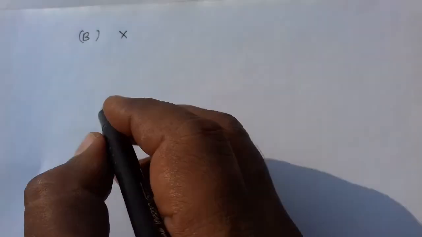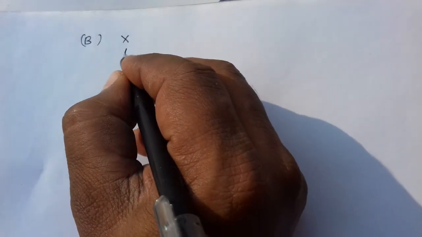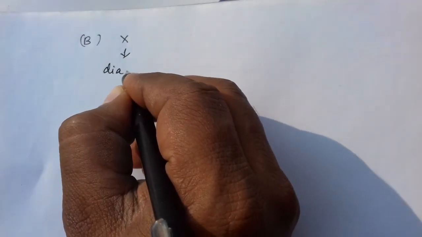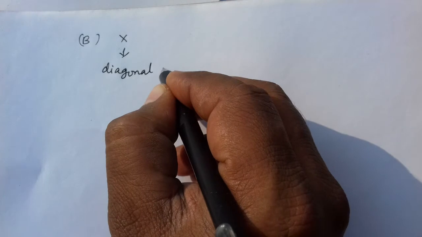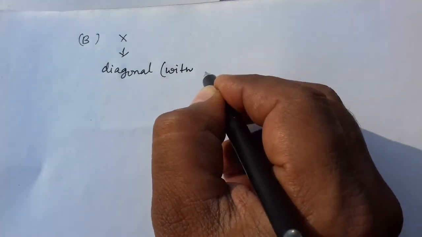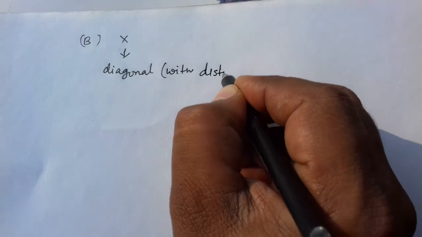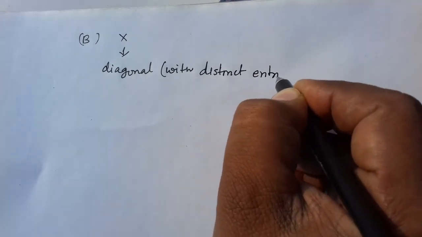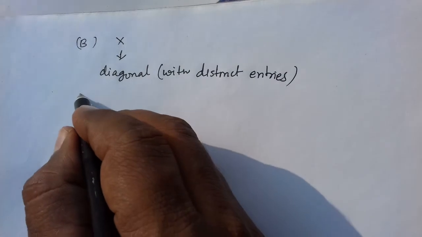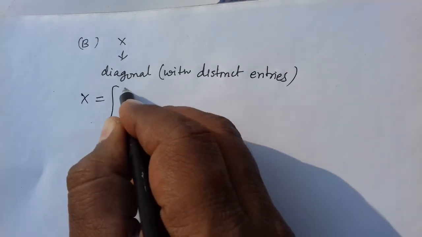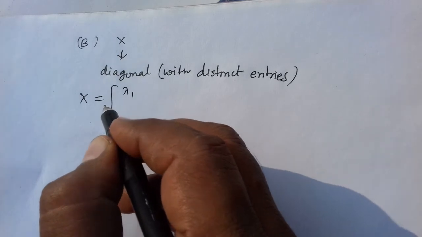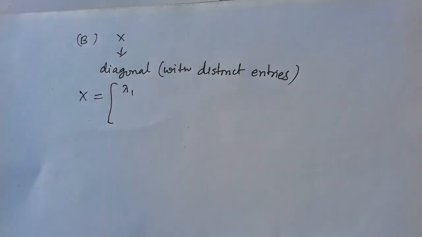In B, you see that X is given to be a diagonal matrix, and also it is given that it is diagonal with distinct entries. So we can write X in terms of its eigenvalues, as I said earlier that eigenvalues of a diagonal matrix are its entries on the diagonal.